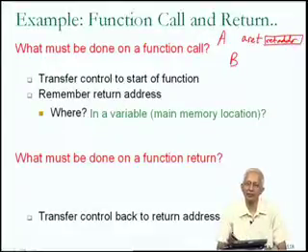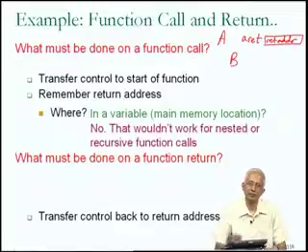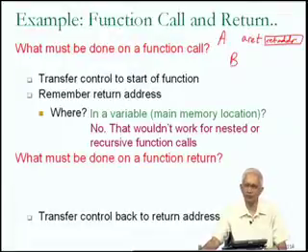This won't have the problem with separate compilation that I talked about, but it will have the problem with nested or recursive function calls that we talked about prior to that. Therefore, just using a memory location to remember the return address may not be an adequate solution for all situations. Therefore, we need something different.